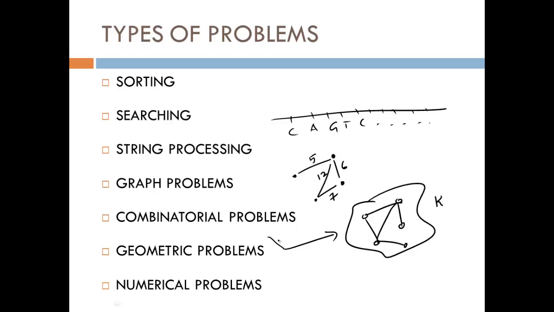There are also a bunch of geometric problems that are interesting. So these involve problems about points and lines in some space. For example, if I gave you a set of points in two-dimensional space and asked you what is the smallest convex hull containing this set of points, then that is a very interesting problem in geometry, right?